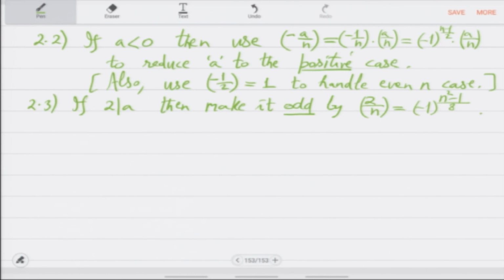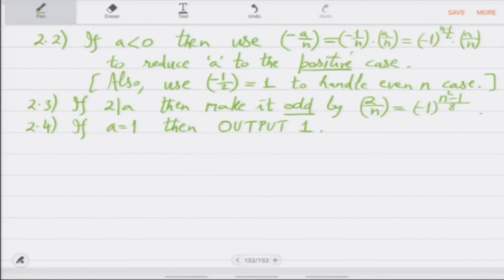And a is positive and odd. Suppose it is 1. If it is 1, then you know that 1 by n is 1, so output 1. Now you know that a is odd, positive, and at least 3. What do you do now?